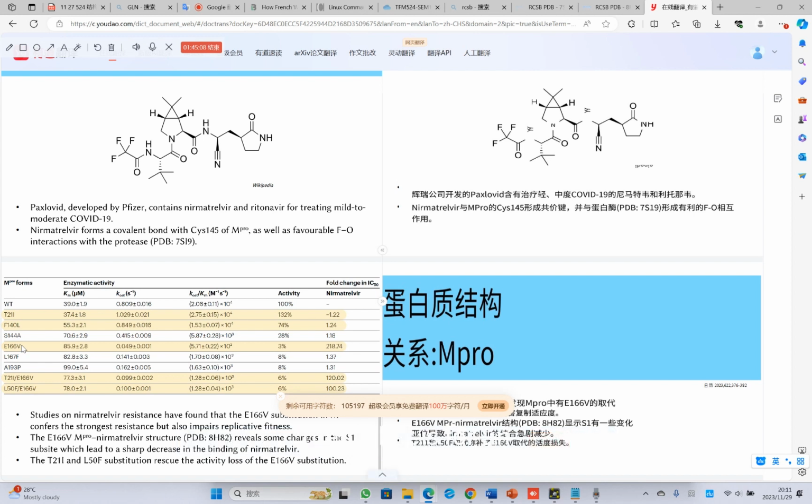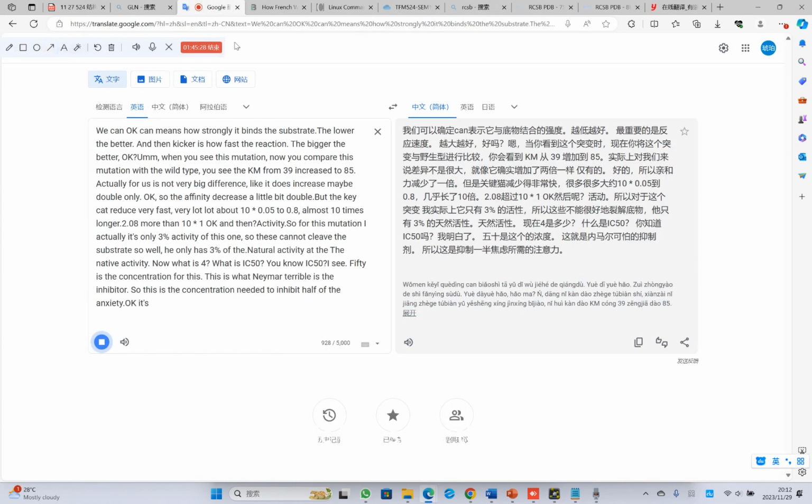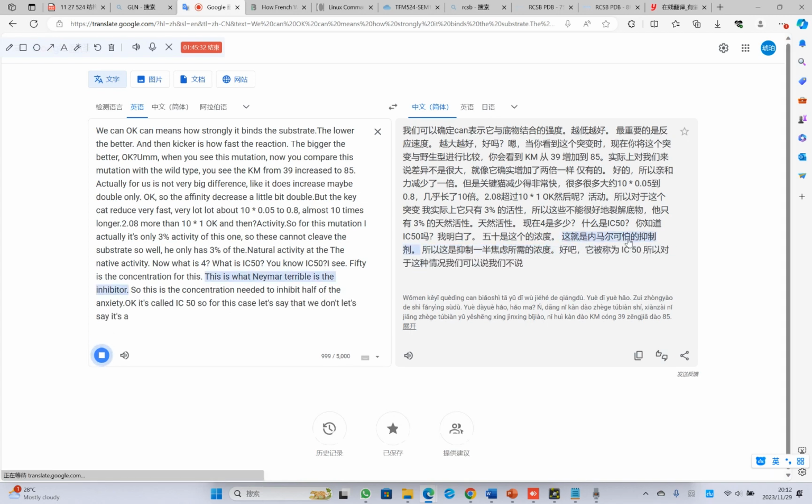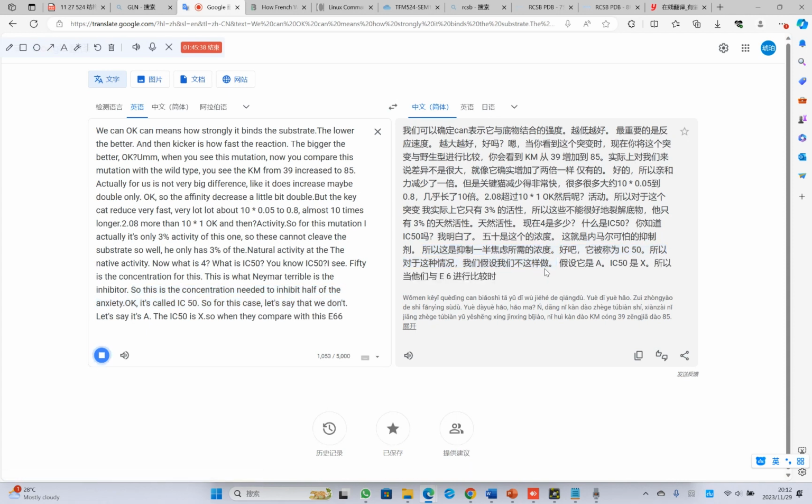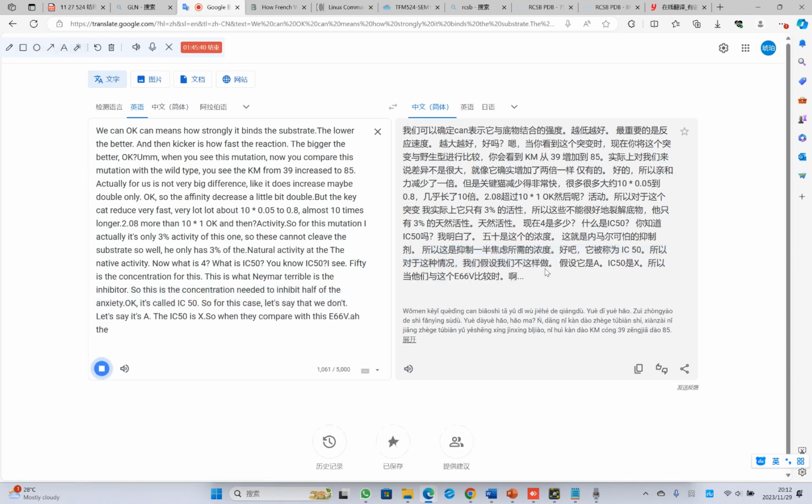Then what is fold? What is IC50? You know IC50? IC50 is the concentration for this. This is what nematrelvir is, the inhibitor. So this is the concentration needed to inhibit half of the enzyme. It's called IC50. So for this case, let's say the IC50 is X. So when they compare with this E166V, the concentration of the nematrelvir is 200 times more.